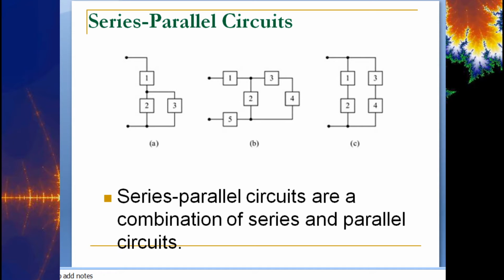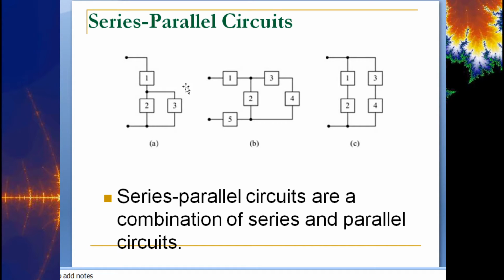Now, we are going to start combining those two things together. So the easiest, most straightforward version of this is what you see in letter A, where you have, presuming that there's a source over here that's part of this network, you come out of the source and into this resistor 1, component 1, and then that's going to go through that component and into this node right here, and then it's going to split between 2 and 3.